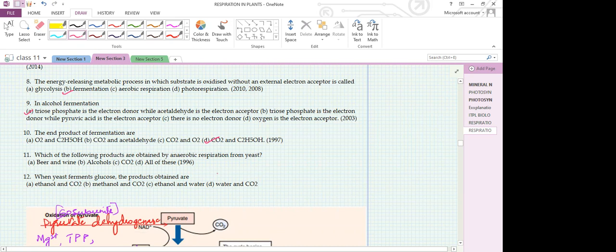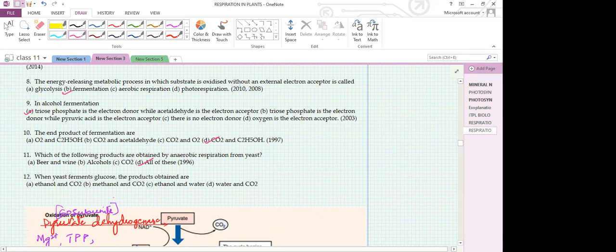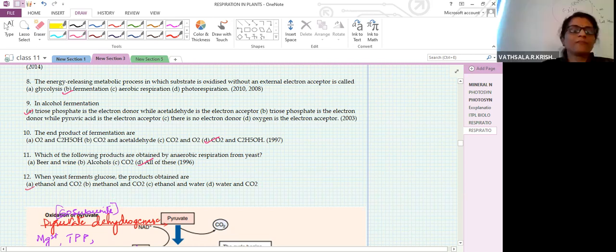All of these. So from anaerobic respiration of yeast, you get beer and all of these. When yeast ferments glucose, the products obtained are ethanol and CO2. Yes. So now what happens to the pyruvate?